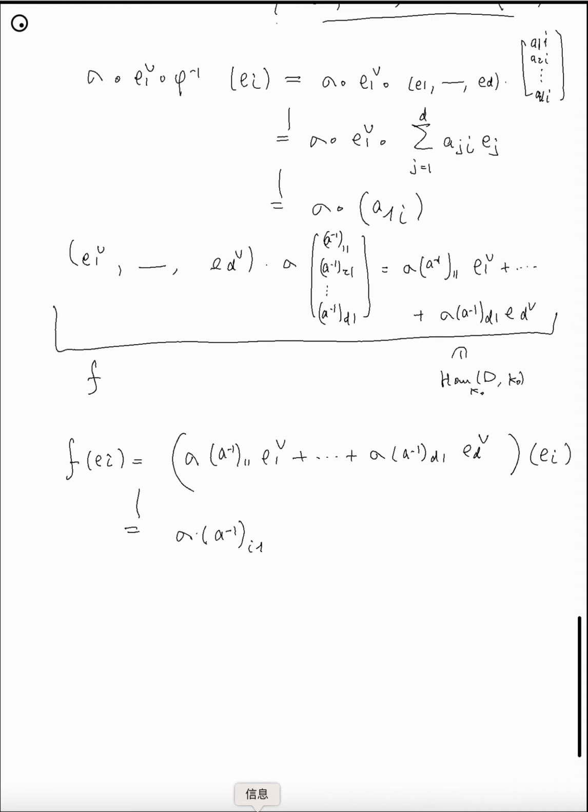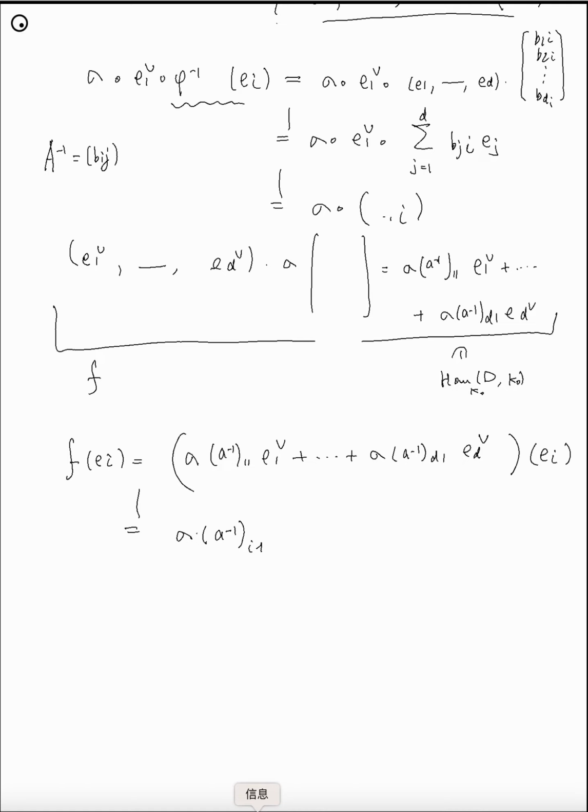Okay, sorry, here is a mistake. We use phi inverse times EJ, so here it should be, let's call A inverse Bij to simplify notation. This is B1I, B2I, BDI, and finally what you got is BJI.